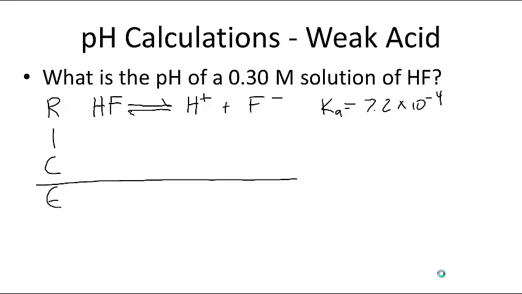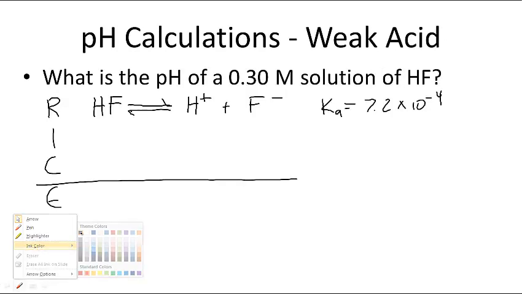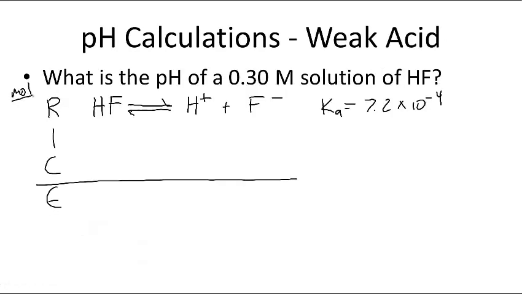All right, help me fill this in for initial values. What can I fill in for initial values? 0.3. I'm going to do this in moles per liter. And HF before dissociation is 0.3 molar.